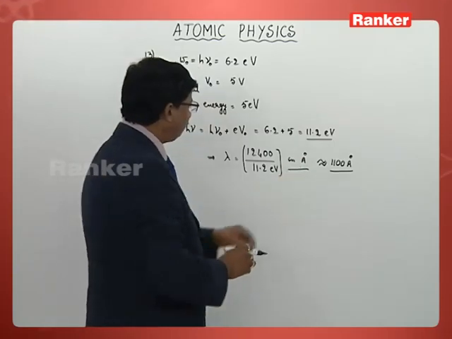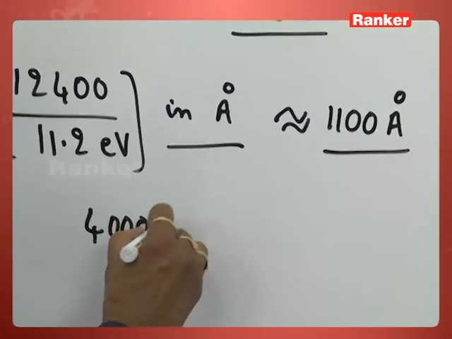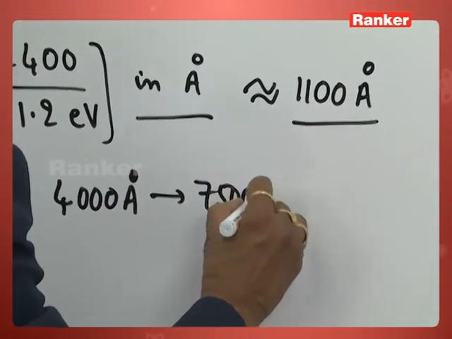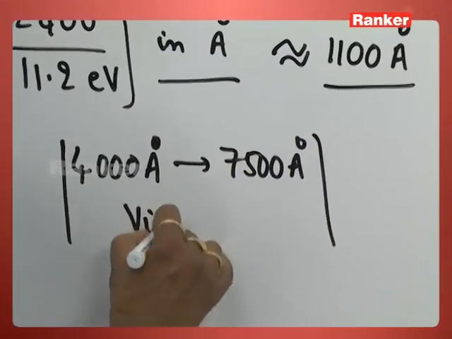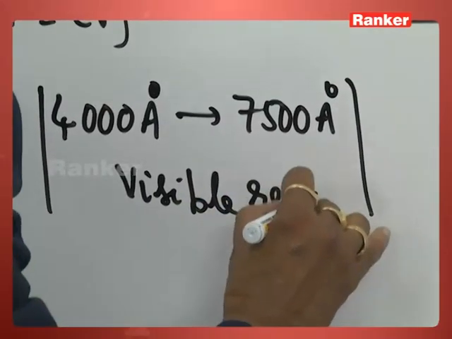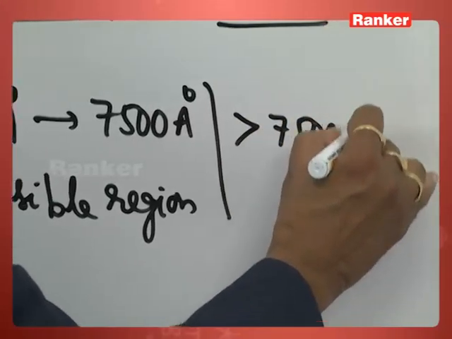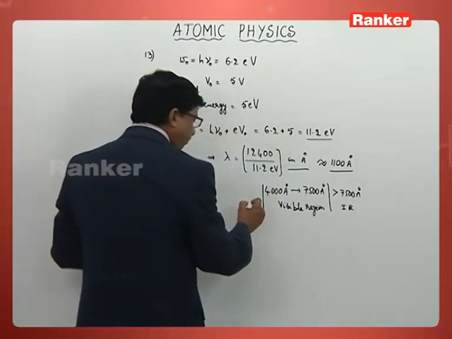And all of you can understand well, between 4000 angstroms and 7500 angstroms you will be finding the visible region. Greater than 7500 angstroms, that of course comes under the infrared region.